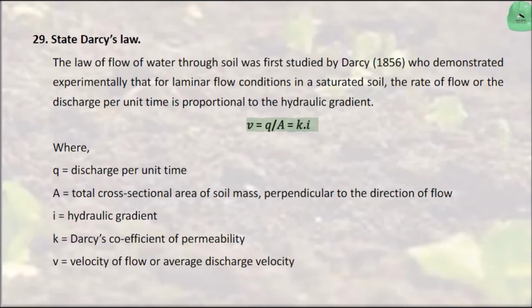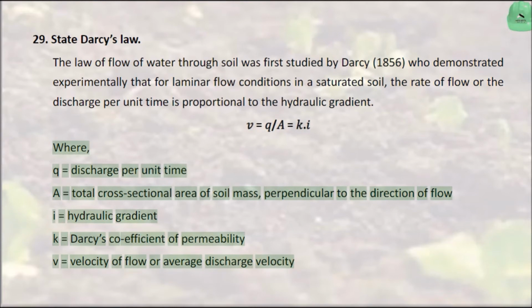Q equals K times I times A. Where Q equals discharge per unit time, A equals total cross-sectional area of soil mass perpendicular to the direction of flow, I equals hydraulic gradient, K equals Darcy's coefficient of permeability, V equals velocity of flow or average discharge velocity.